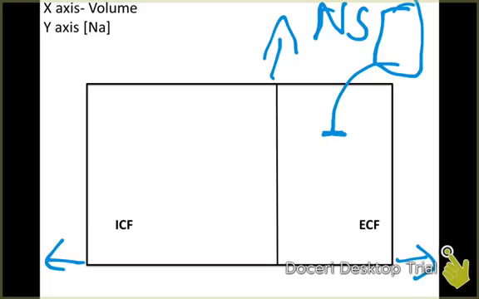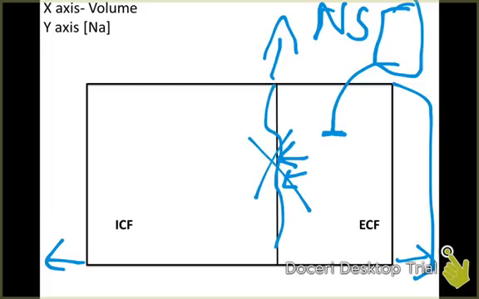Since normal saline is an isotonic fluid, you'd just be adding to the volume. Because as we pointed out, it won't go across here. The majority of that stays in the extracellular fluid space because it is the same concentration of sodium that's already inside of the blood. So that will just add volume rather than actually going across and causing a decrease in your sodium level.